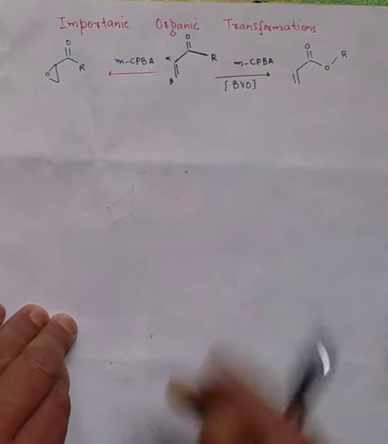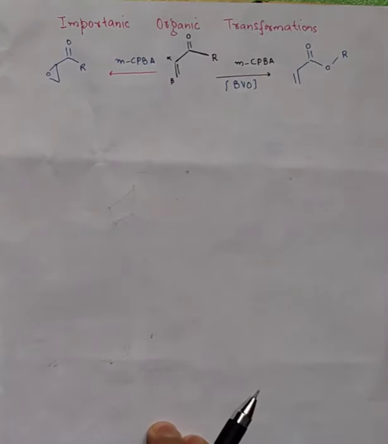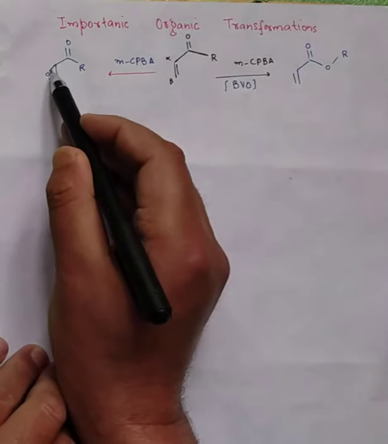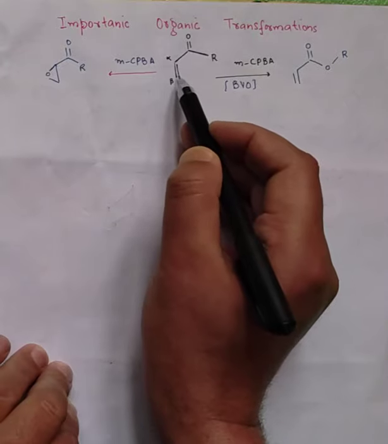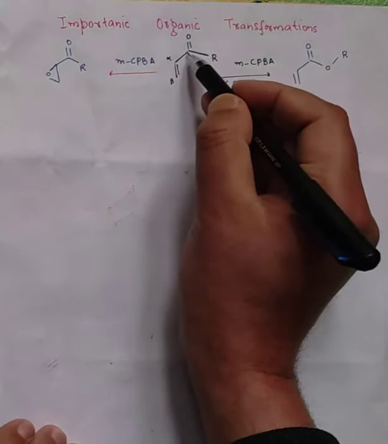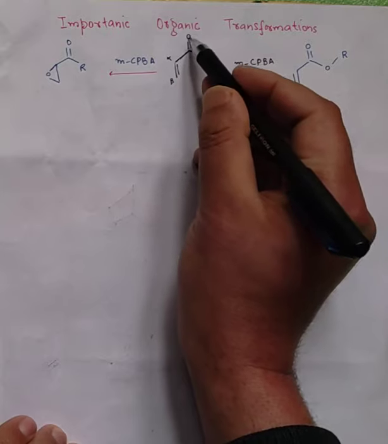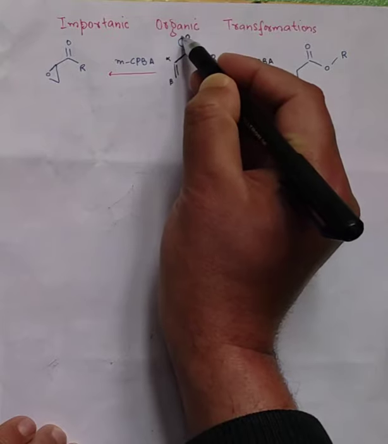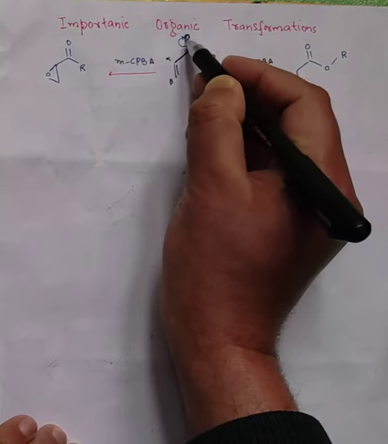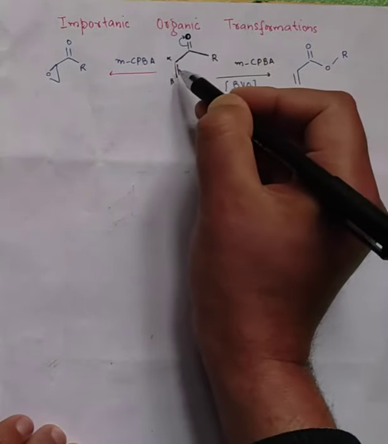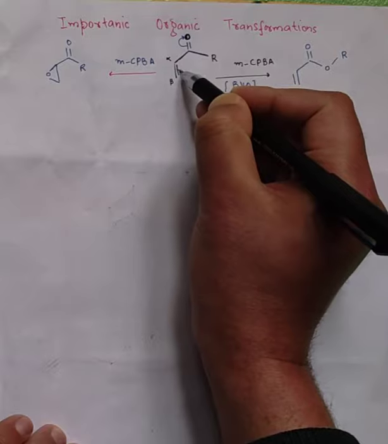Fine. Now the question is which product will be formed? Now see what is happening here. We know that this epoxidation is preferred when this site is electron rich. Normally alkenes are electron rich sites, but here this double bond is in conjugation with this C double bond O. Because of this strong resonance effect, because of the strongly electronegative oxygen, this pi bond is pulled more towards oxygen, so that results in the conjugation.